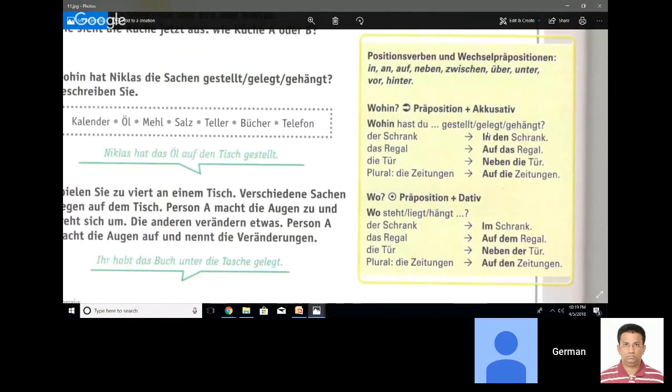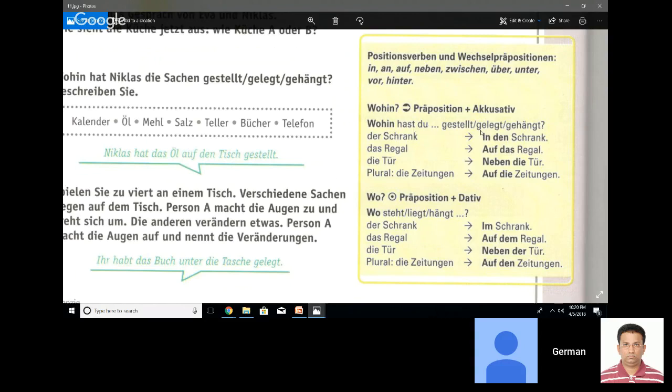It gives you the answer for the question you asked. Positionen werden und Wechselpräpositionen sind in, an, auf, neben, zwischen, über, unter, vor und hinter. Wohin? Preposition plus accusative. That is, wohin answers the question for accusative. When the question is wohin, we use preposition plus accusative.